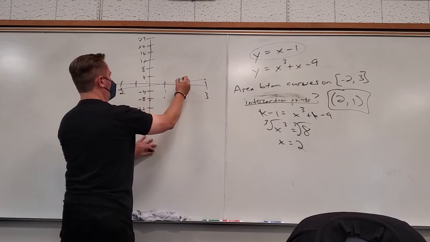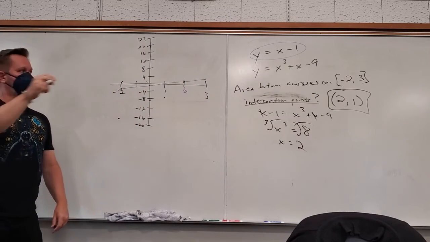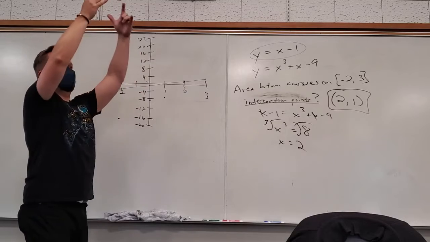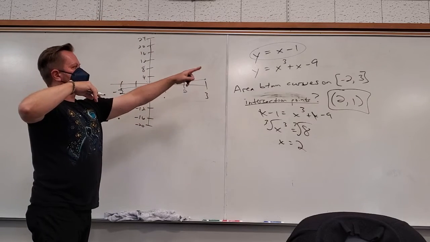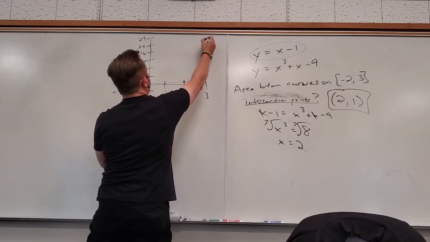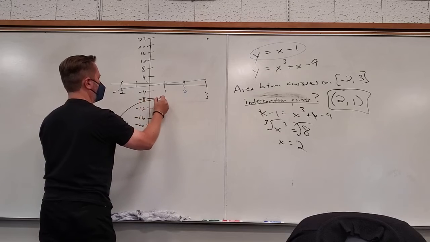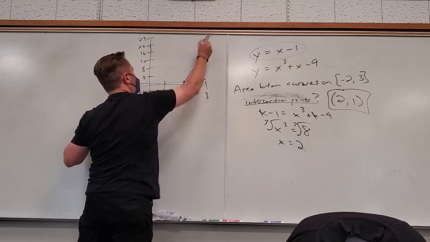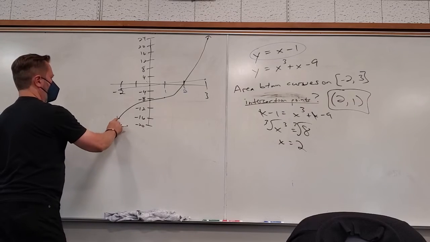At 2, it's at 1. We know it has to match up. That's the point of intersection. You could even make a table of values if you want to. And when you plug a 3 in, you get 21. So here's what this one looks like. There's your cubic shape.